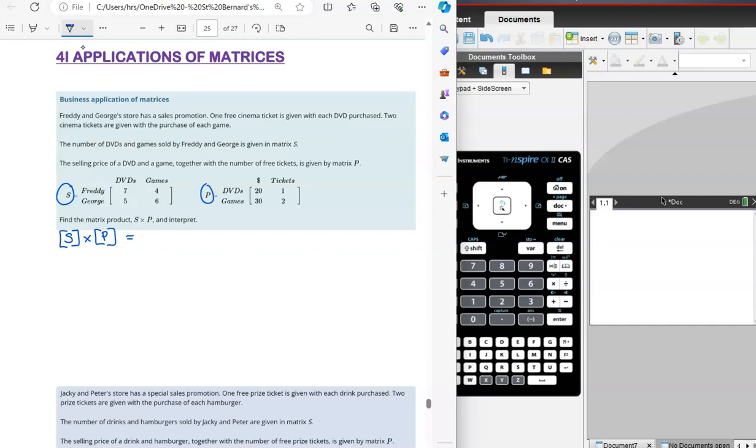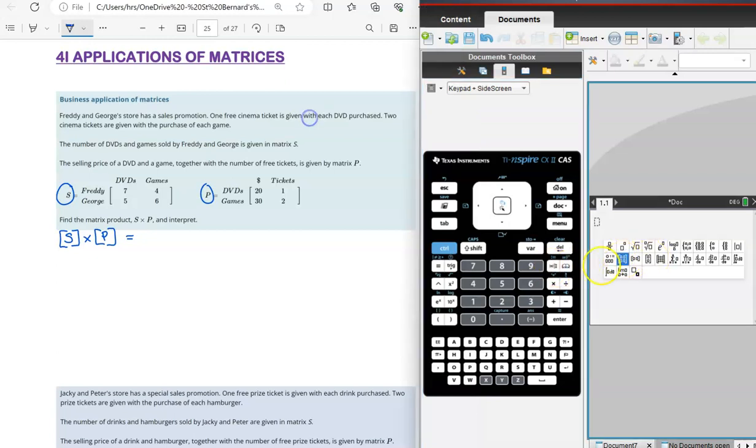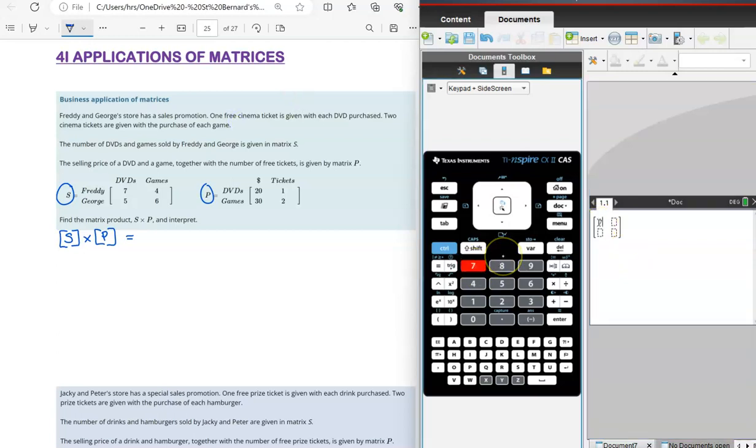Because it doesn't say show all the calculations, that's okay. We can just go straight into our calculator and pop in the matrix. So matrix S, and remember order's important, so I need to put S first.